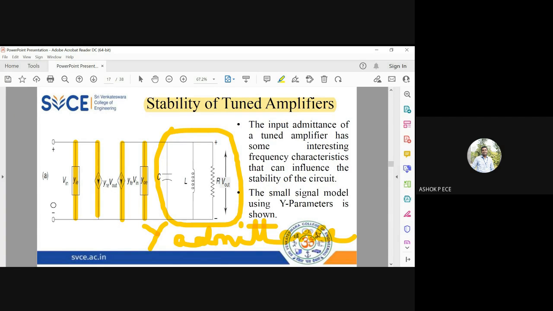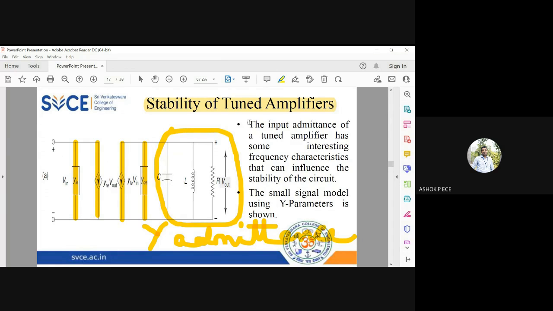So all the components will be in shunt, and I will be representing both input and output side by current sources. Input side, you have two components, input admittance and the current source relating to V out. Output side, I have a current source relating to V in and the output admittance YOE. After that, you will have your usual load, RLC parallel, and across this, I'm going to measure the V out.